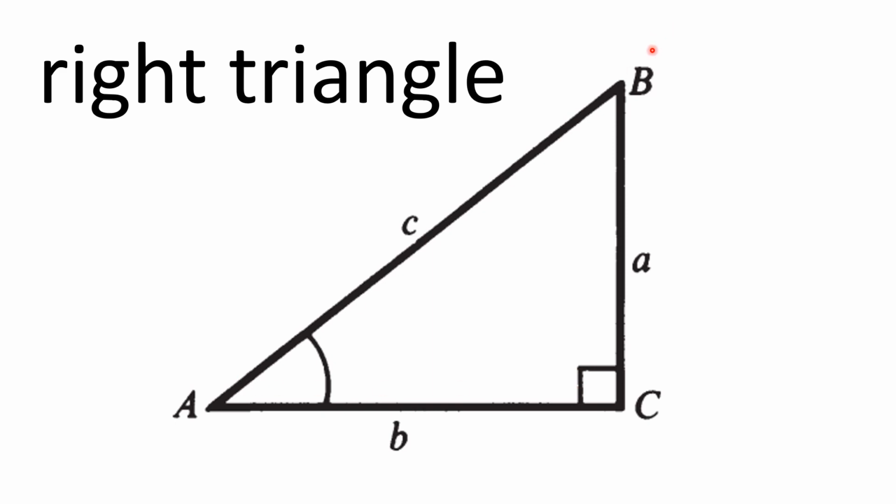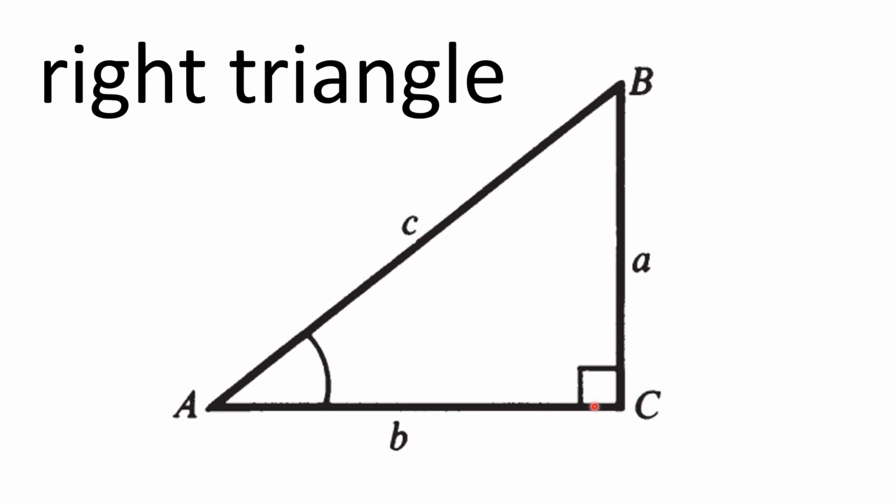In dealing with any right triangle, it will be convenient to denote the vertices or the pointed corners. You name them with capital letters A, B, and C. Actually, you can use any letter as long as you are consistent. And you denote the sides or the length of the sides as small letters a, b, and c.